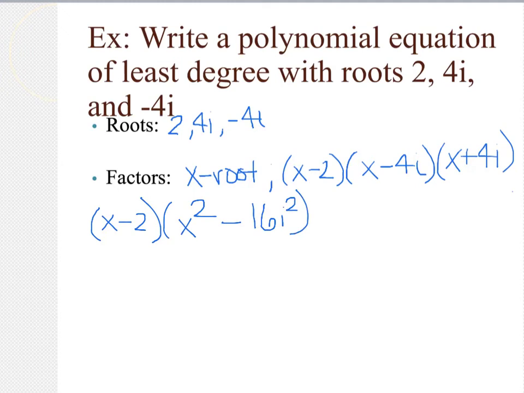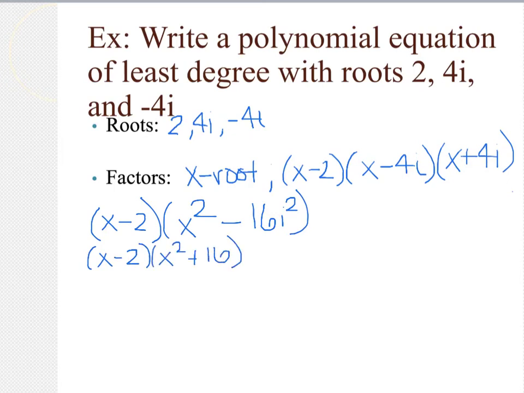If you work through a little bit of that math, you have x squared minus 16i squared. Now recall that when we have an i squared, that just turns into a negative 1. So it would actually just be x minus 2 times x squared plus 16.